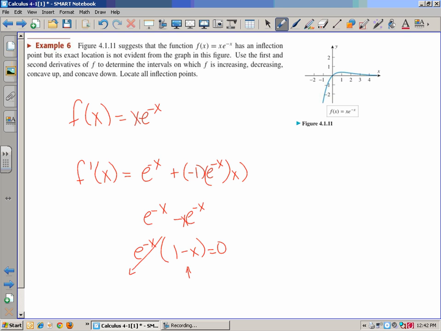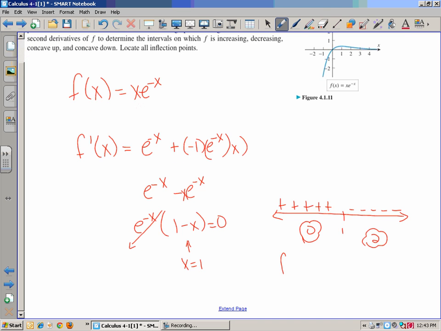The number that makes this 0 is x equals 1. Sign chart. Number to the left, number to the right. Plug it in. If I plug in 0, I get a positive number. If I plug in 2, I get a negative number. Therefore, I am increasing from -infinity to 1, and I am decreasing from 1 to infinity.